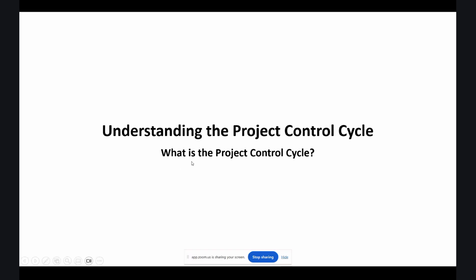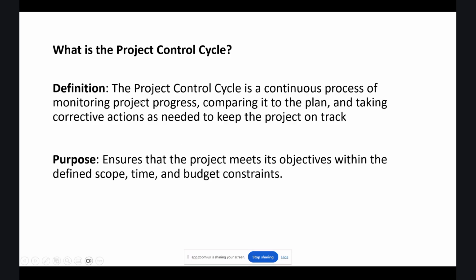And again, today's topic is going to be very fundamental, and you learn fundamentally how you can manage and control your project to make sure that at the end you're meeting the project goal and finishing your project on time. So what is the project control cycle?